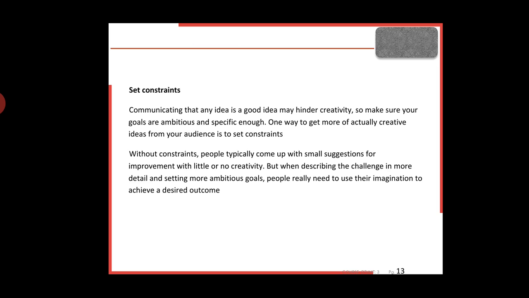Any ideas coming to your mind, very good creative ideas for the purpose of developing a product. Creative ideas from your audience come from setting constraints. Okay, this is the concept of succeeding with idea generation.